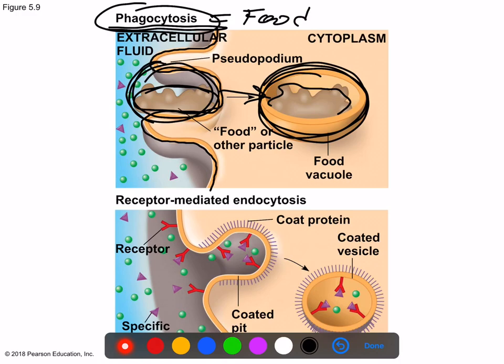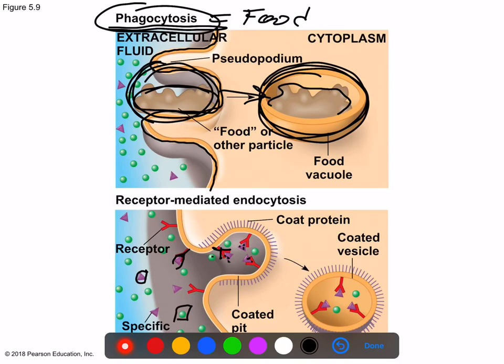Receptor-mediated endocytosis is bringing in large substances also, but it is very, very selective. In this case, notice that it's got these little red receptors, and those red receptors bind specifically to the purple triangles, not to the green circles, so that only those triangles can bind to the receptor.